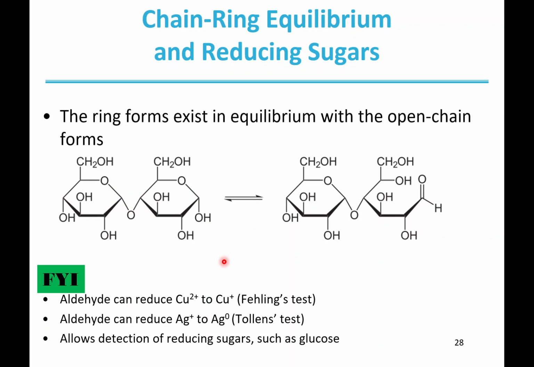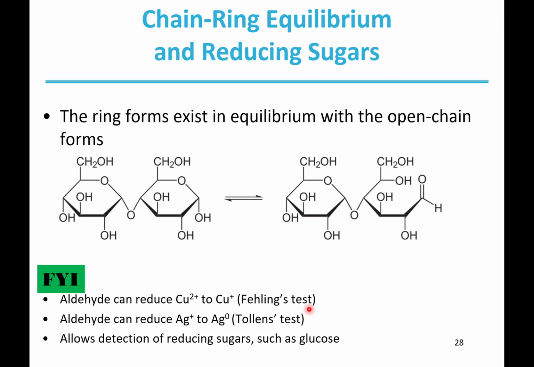They call them reducing sugars because in the open form they have an aldehyde, and that aldehyde can reduce copper or silver in these different tests.